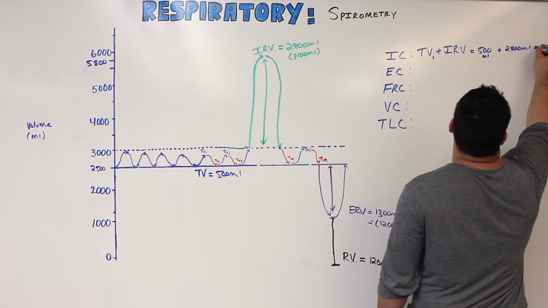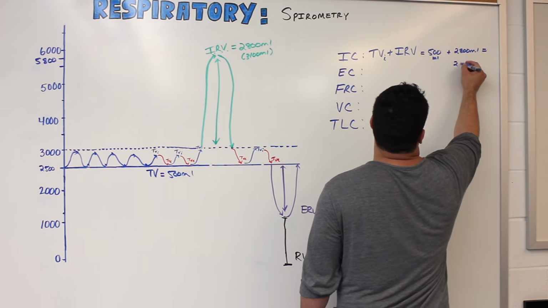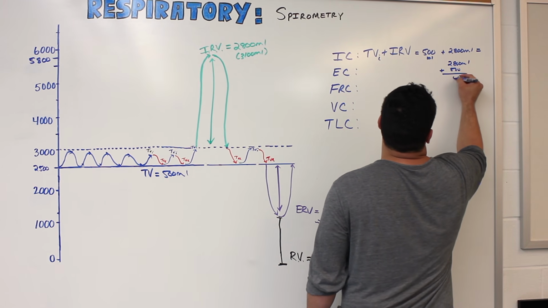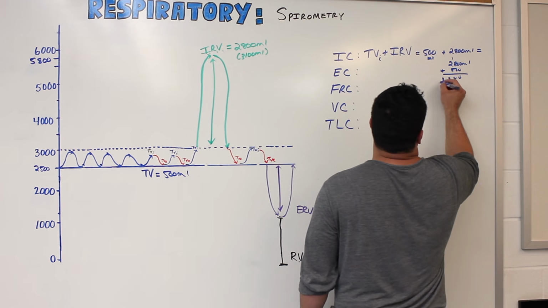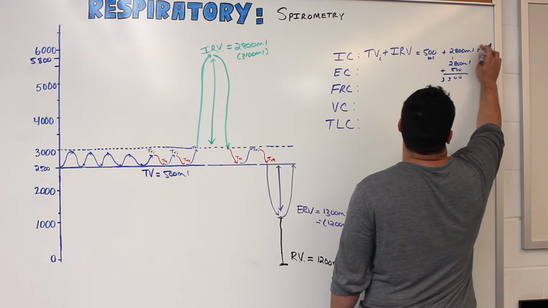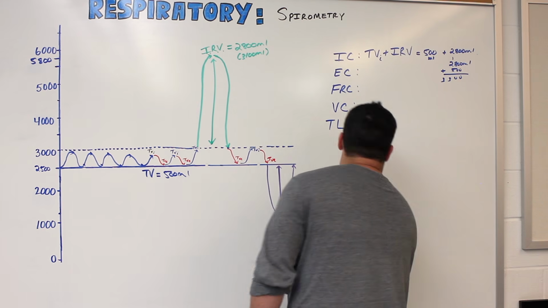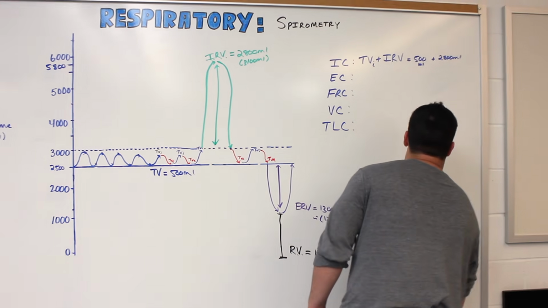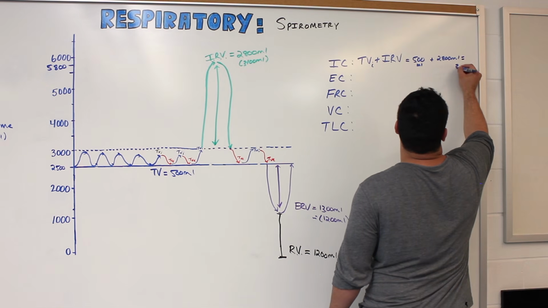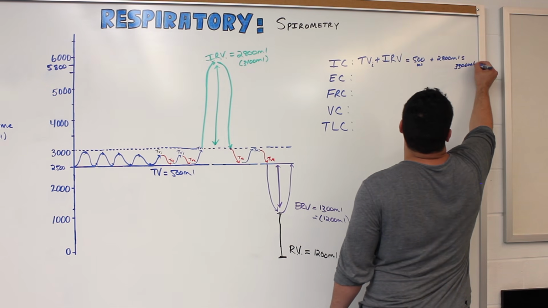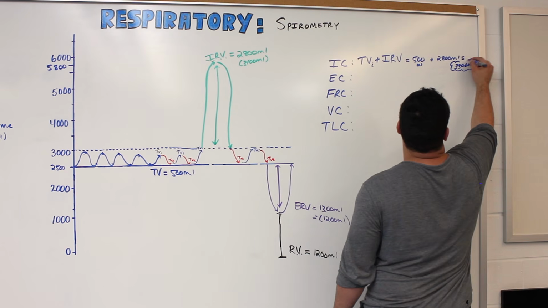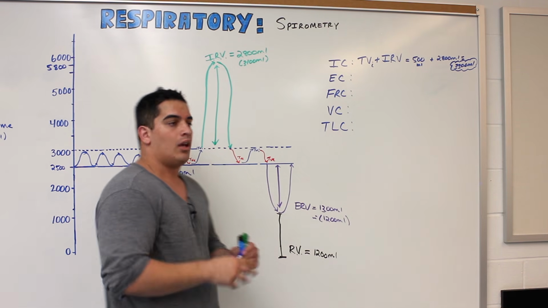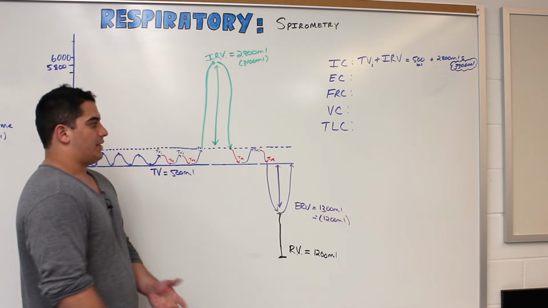If you do the math for this, which I'm not always great at, that's 3,300 mLs. So in this situation, this person has an inspiratory capacity of 3,300 milliliters. Not too bad.